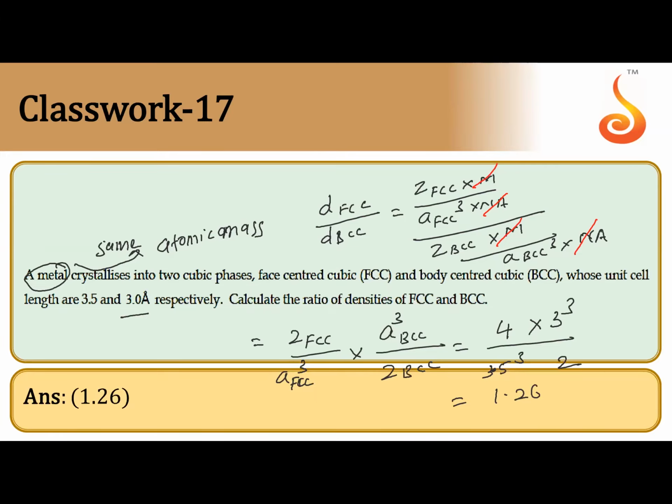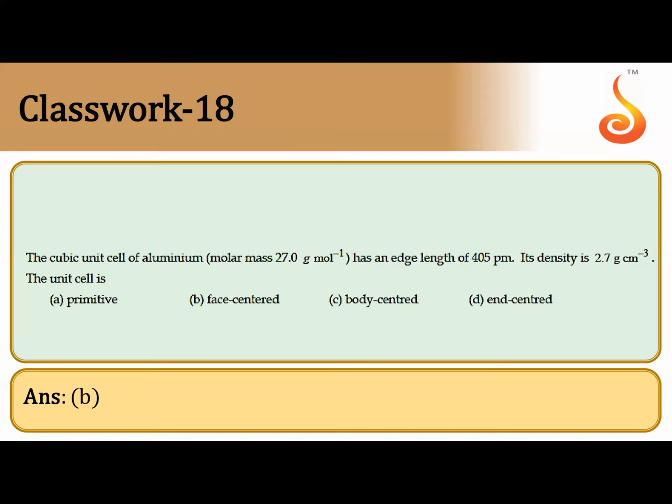Question number 18. The cubic unit cell of aluminum has molar mass 27 and edge length 405 picometers. The density is 2.7. So here d is equal to Z into M by a cube into Na.